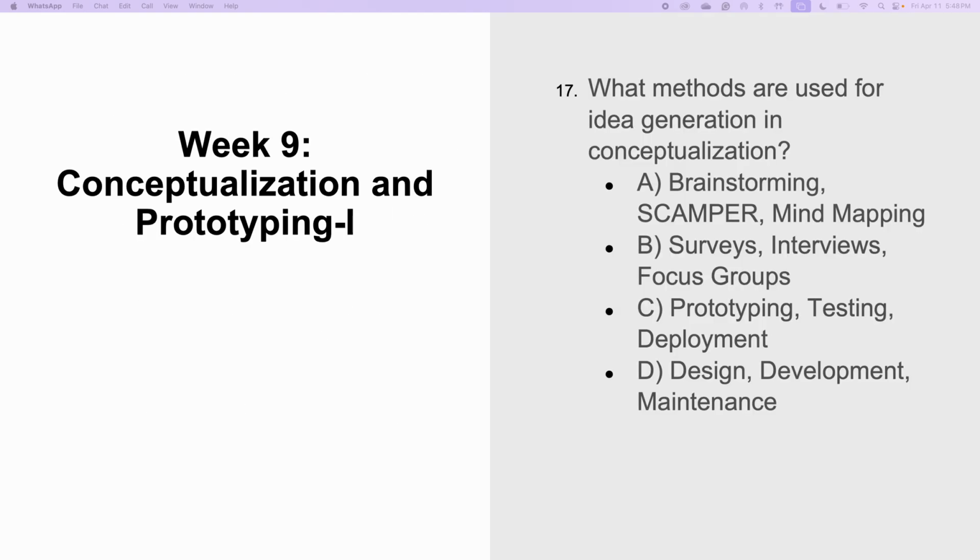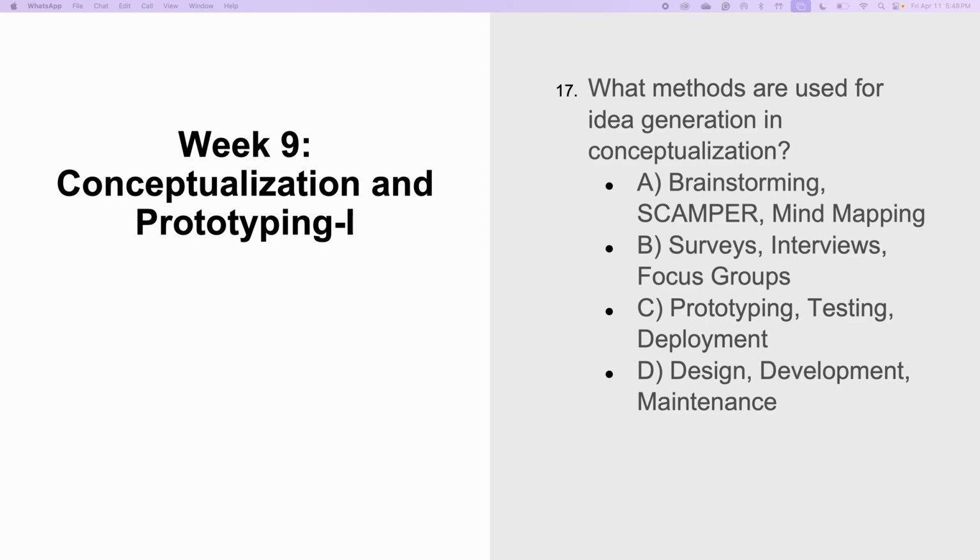So moving ahead to the next week. This is the summary of week 9. Again I have picked up two questions from conceptualization and prototyping. The first one is, what methods are used for idea generation in conceptualization?